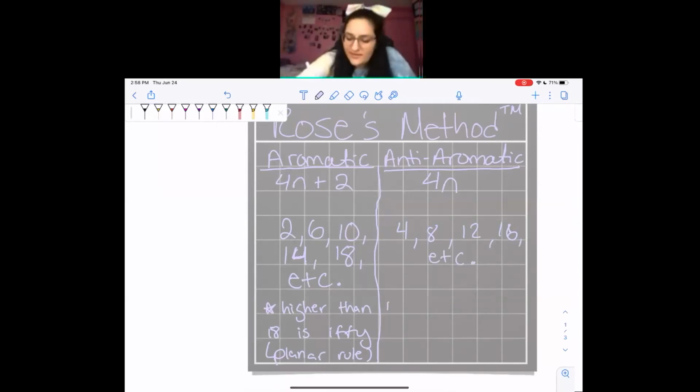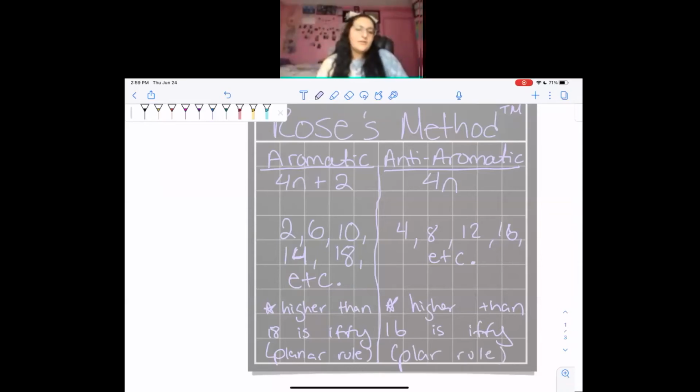And we can say on this side that higher than 16 is iffy for the same planar rule. Any number that is not in this set or this set is automatically not aromatic.